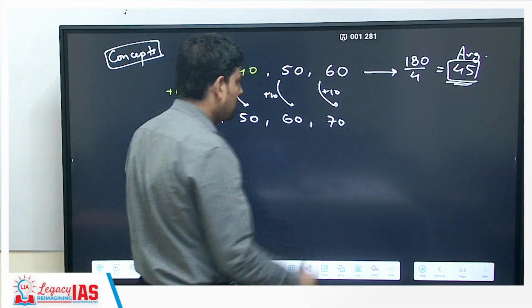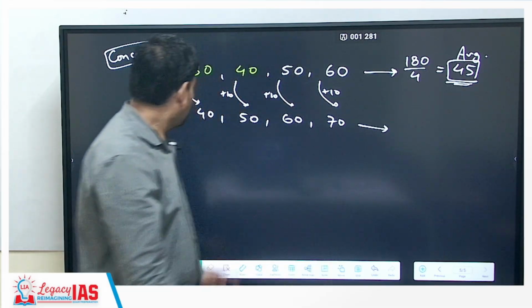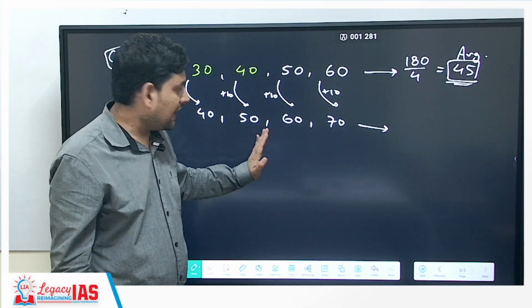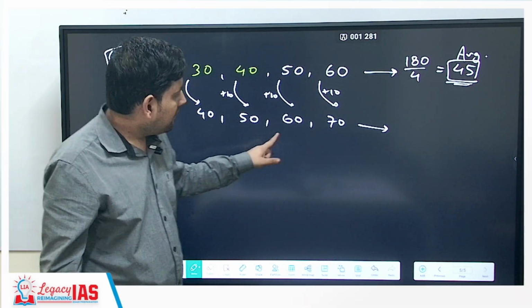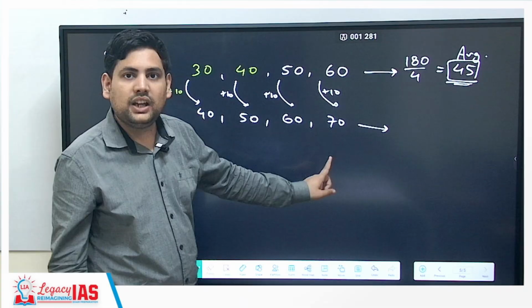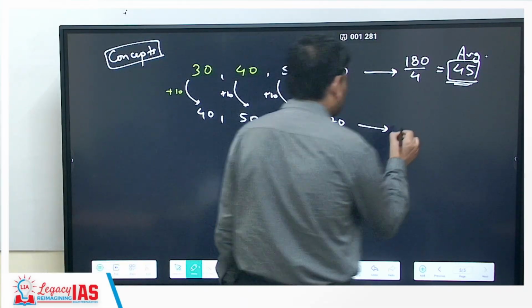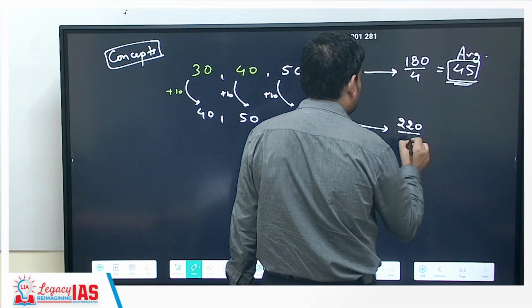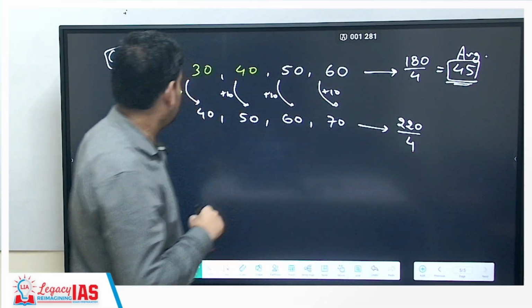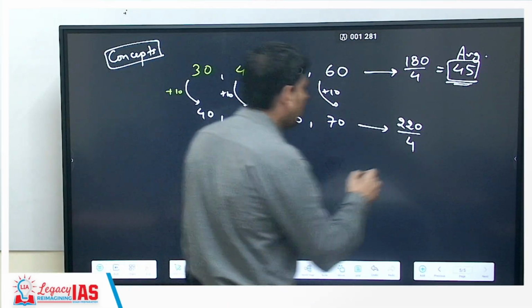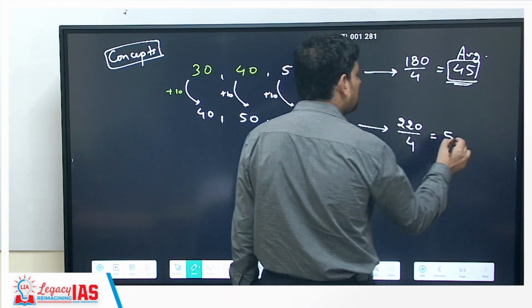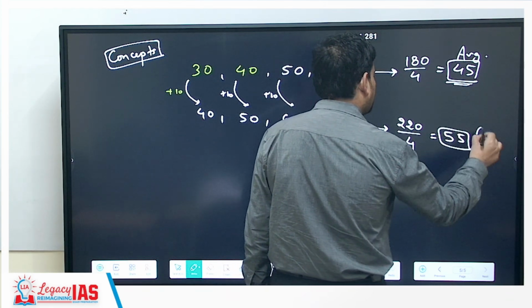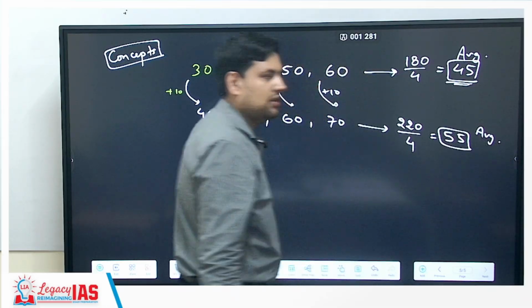Now I ask you, what is the average of this? 40 plus 50 is 90, 90 plus 60 is 150, then 150 plus 70 is 220. Now 220 by, again the number of observations is 4. 220 by 4 goes 5 times. The average came out to be 55.